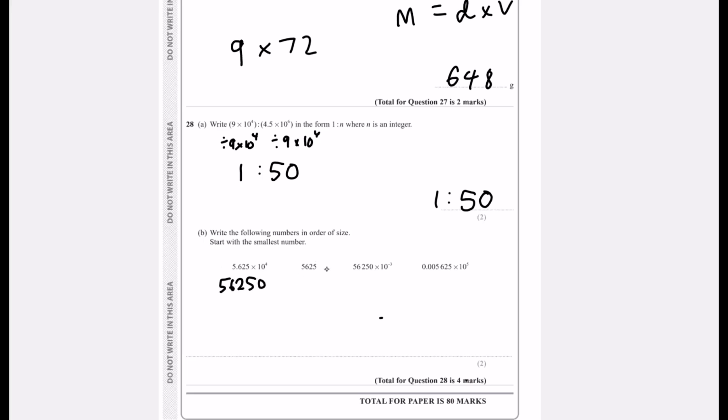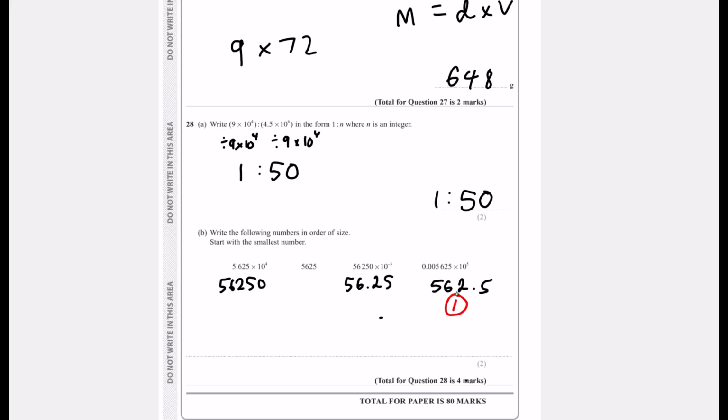This one, 5,625, is already an ordinary number. 56,250 divided by 10 three times, 56.25, and 0.005625 times 10 five times, 1, 2, 3, 4, 5, 562.5. So where's the smallest one?